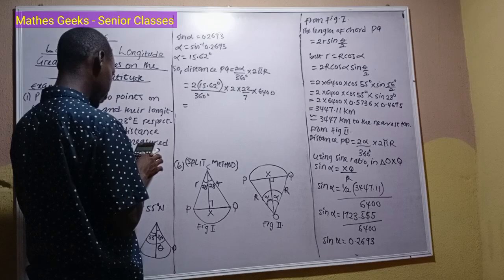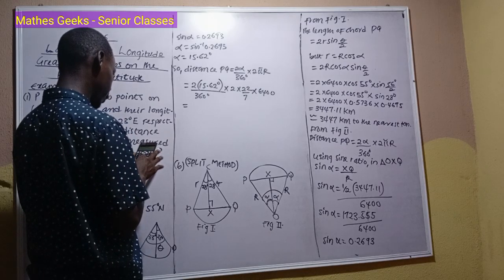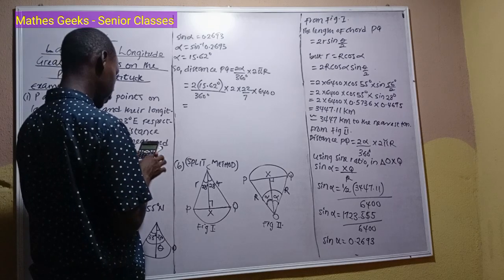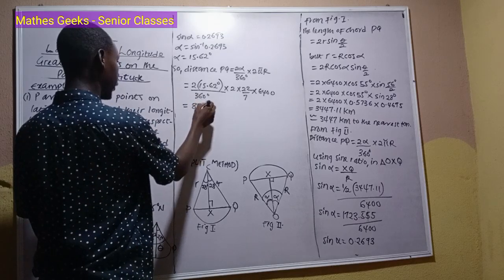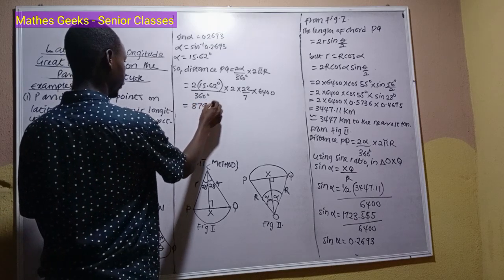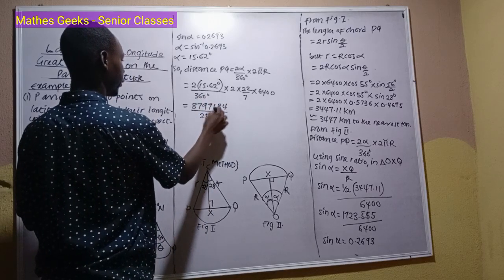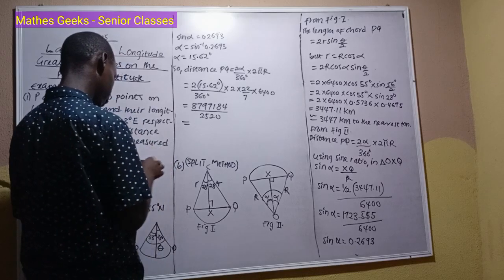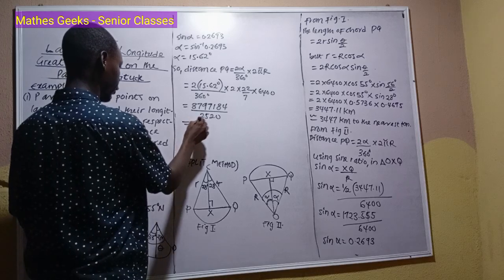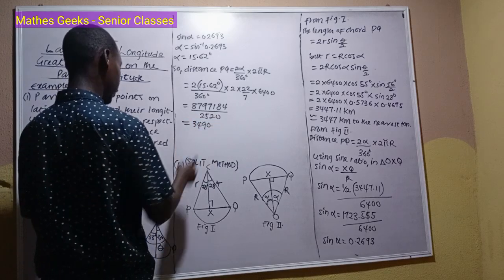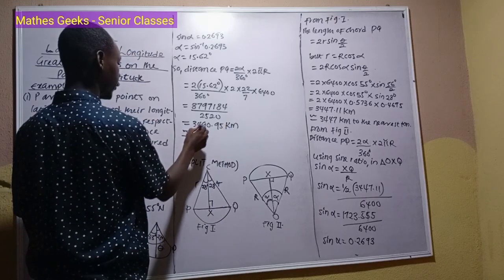That's 8797184 divided by 2520, which gives 3490.95 kilometers approximately.